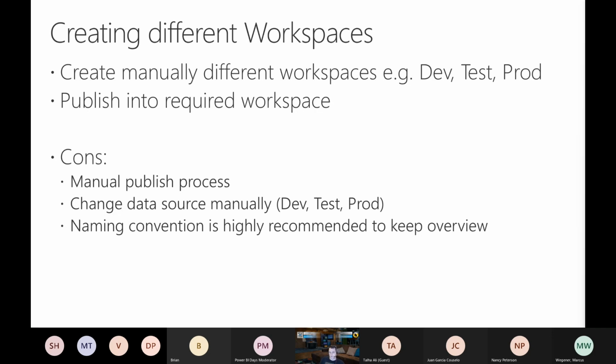This can be done manually. You can also publish it through APIs if you wish to do so, probably with PowerShell, for example, and have an automatism for the CI/CD approach, for this continuous improvement approach.